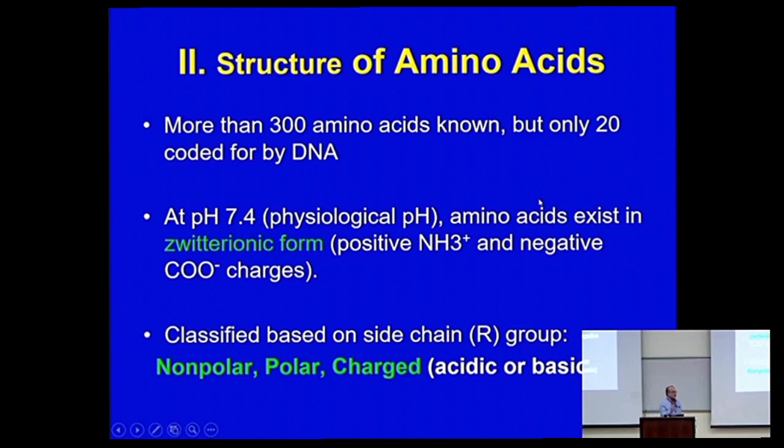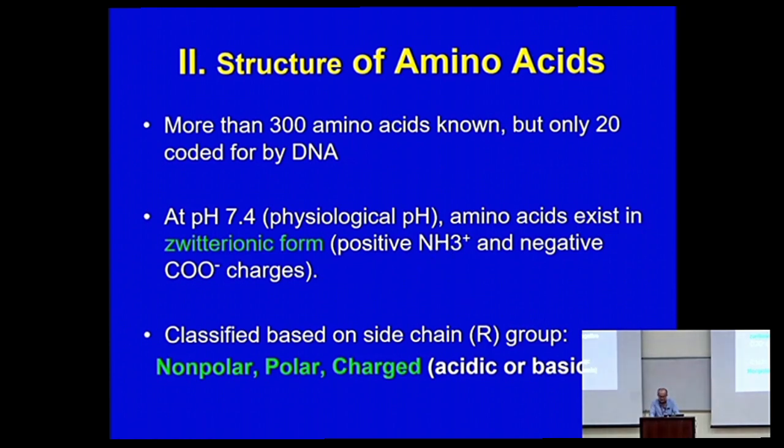So that means amino acids under physiological conditions will have the carboxylic group carrying a negative charge. On the other hand, the amino group of all amino acids under the same conditions, physiological pH, will be fully protonated, and they will have a net positive charge. So they will be in the NH3 plus form.